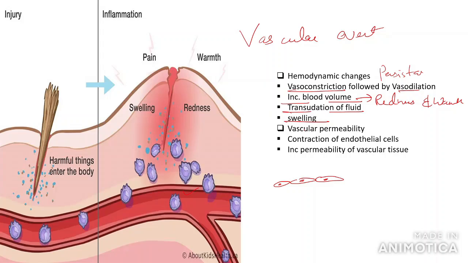But in such cases there will be contraction of these endothelial cells, and a space will be created here. This space is responsible for increasing permeability of the vascular tissues. Right? So these were the vascular events.